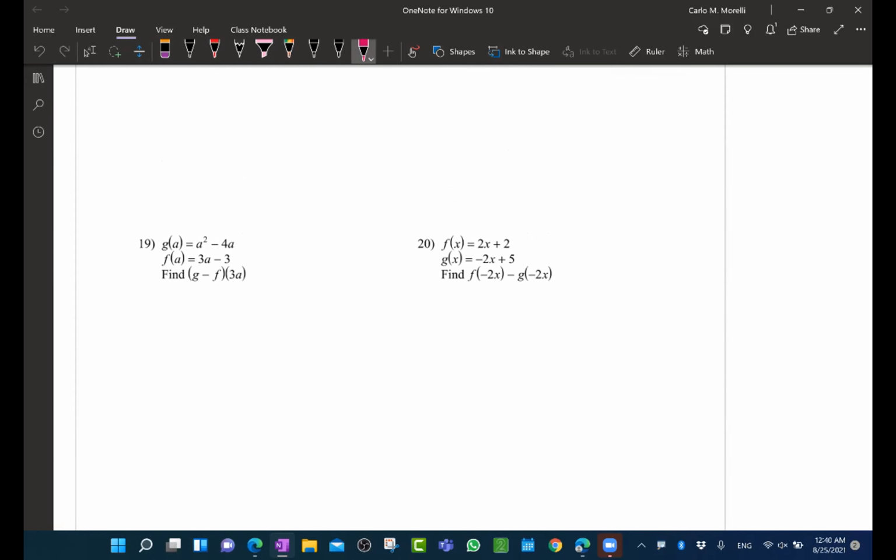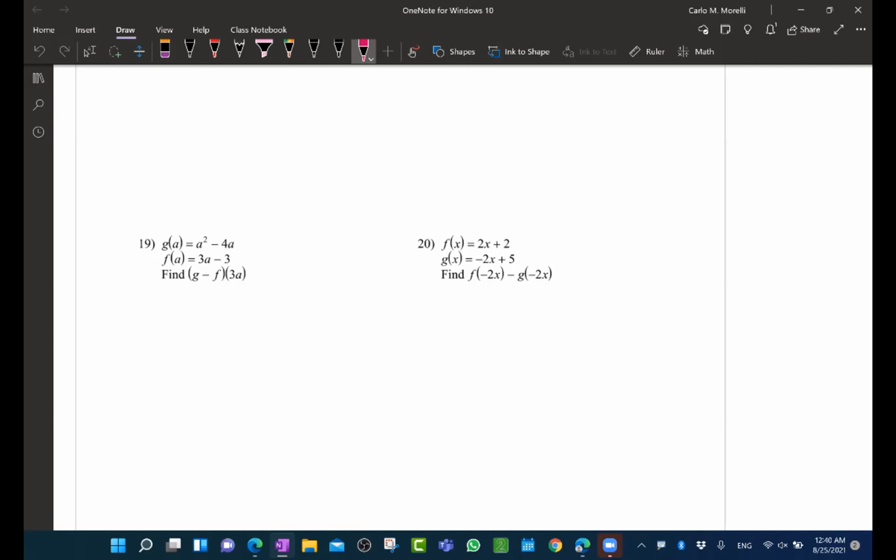So on these here, we're going to substitute in 3a where we see a, okay? And then we'll figure out what that is. And then we'll subtract, well, first we'll subtract the functions from one another. Then we'll evaluate at 3a. Here, we're going to substitute in negative 2x everywhere we see an x. It looks kind of weird, but I'll show you what to do.